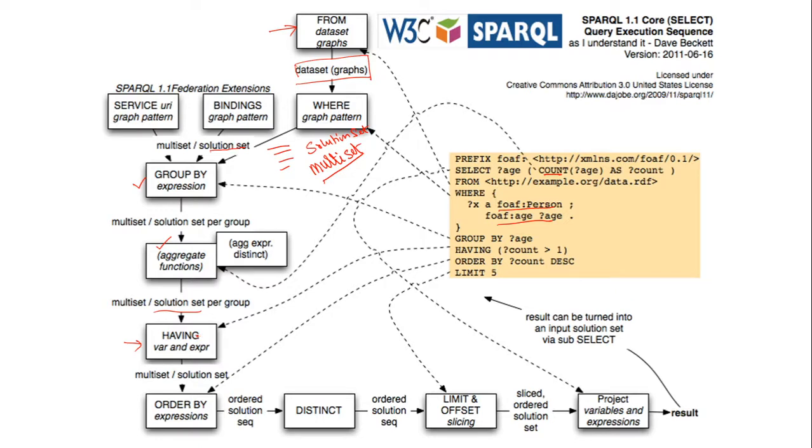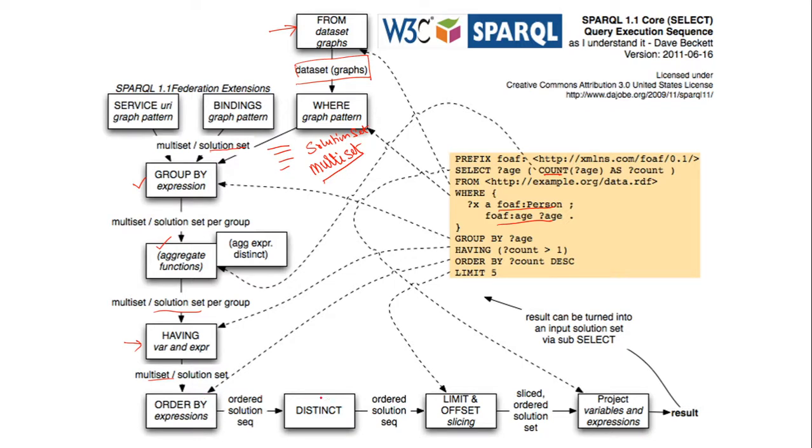As you are putting a constraint, some of the solutions will pass the constraint and others will be blocked by it. The solutions that pass the test will be passed down to the next phase as a multi-set, or solution set, again, and then you can perform the order by operation.